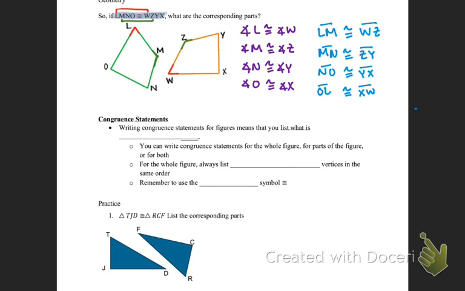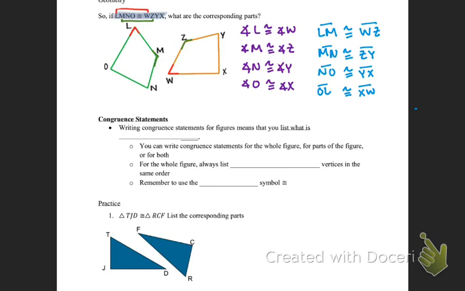So when I have these 2 congruent quadrilaterals, I'm going to have 4 pairs of congruent angles. And I'm also going to have 4 pairs of congruent sides. And I can use the picture to help, but really it's going to come down to my names. L and W are both first in the name, so L and W have to be a matching pair. M and Z are both second in the name, so M and Z have to be a matching pair.